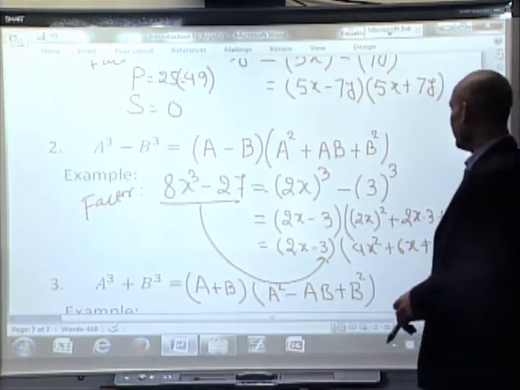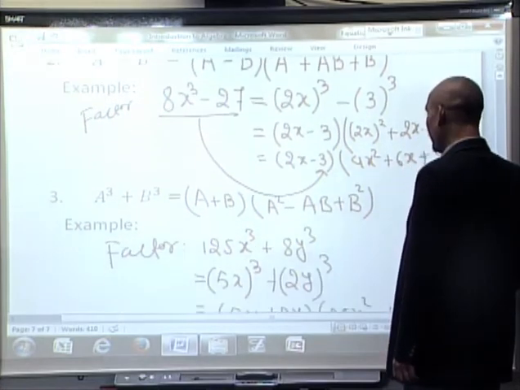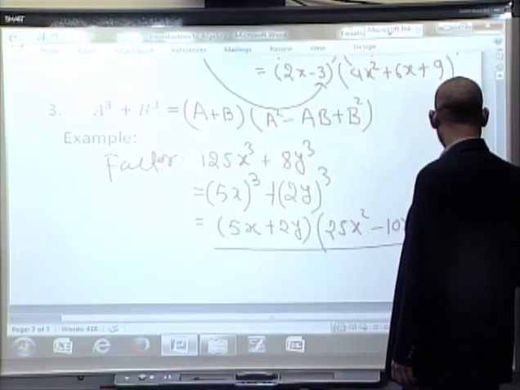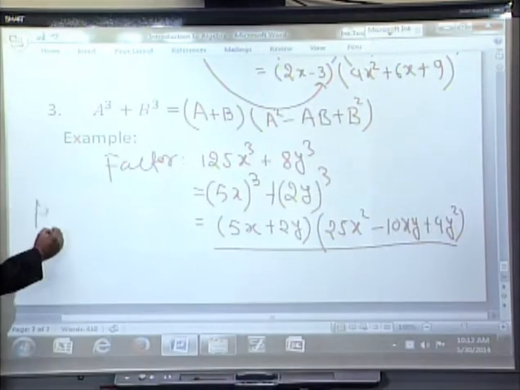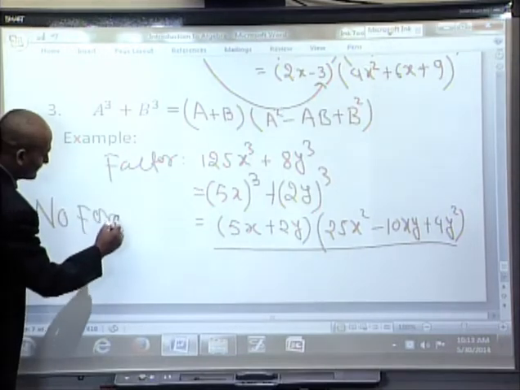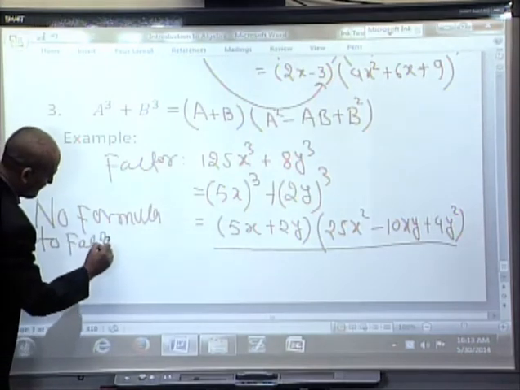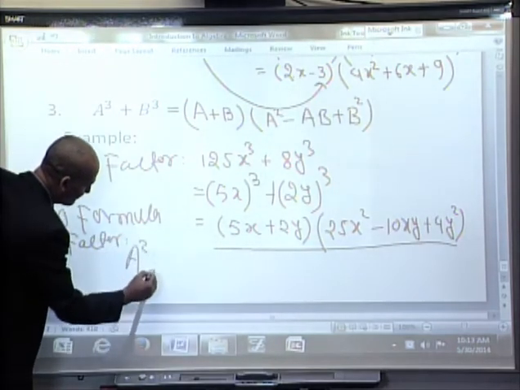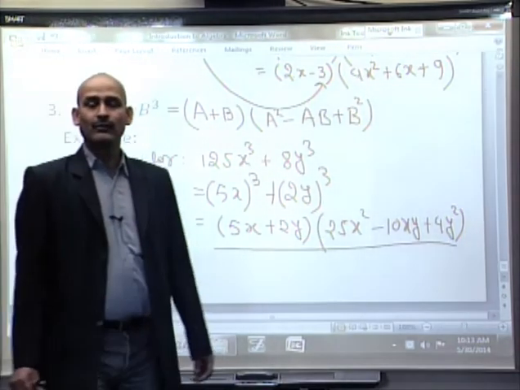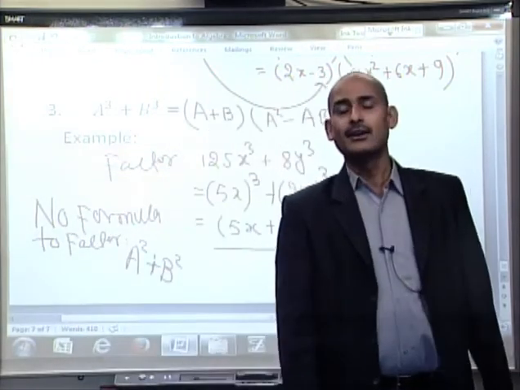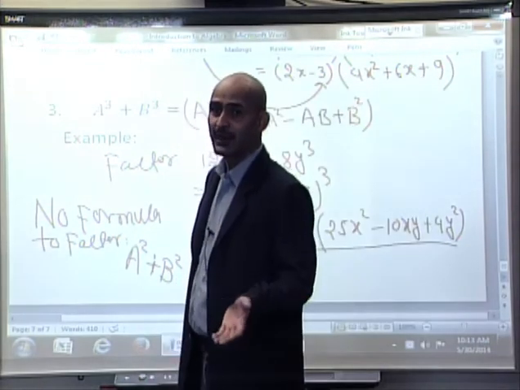However, unfortunately or fortunately, whatever you want to call it, we do not have any formula to factor a squared plus b squared. In fact, the sum of two squares cannot be factored. So there is no formula for a squared plus b squared.